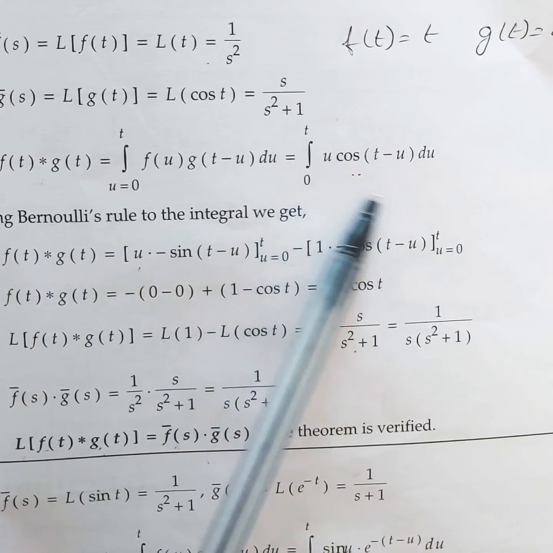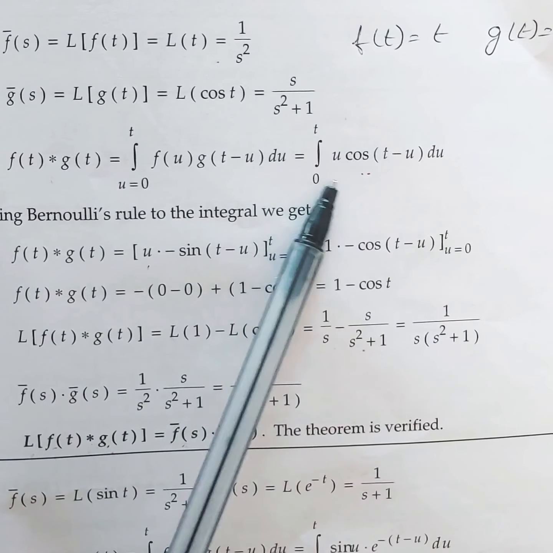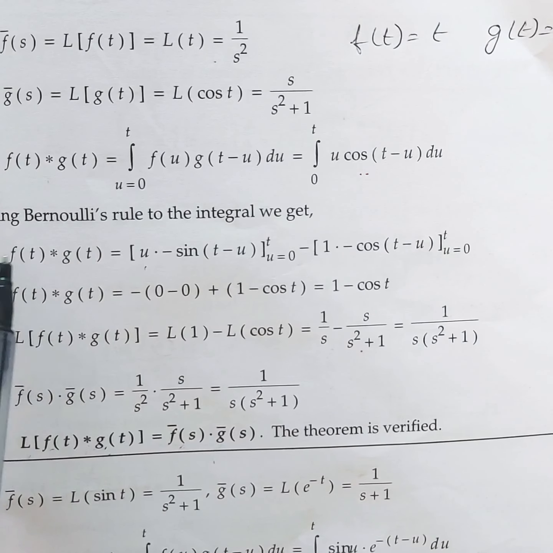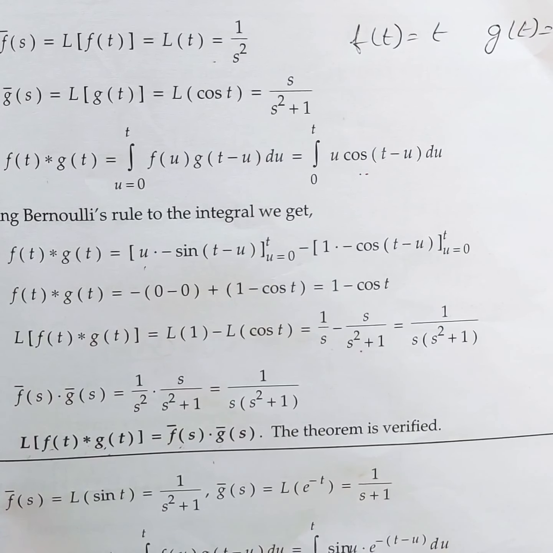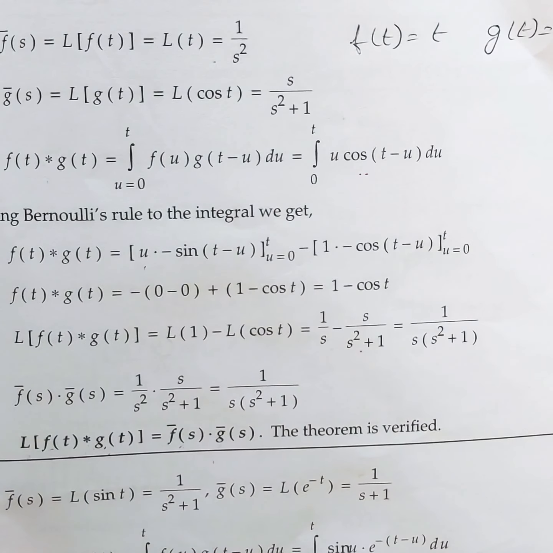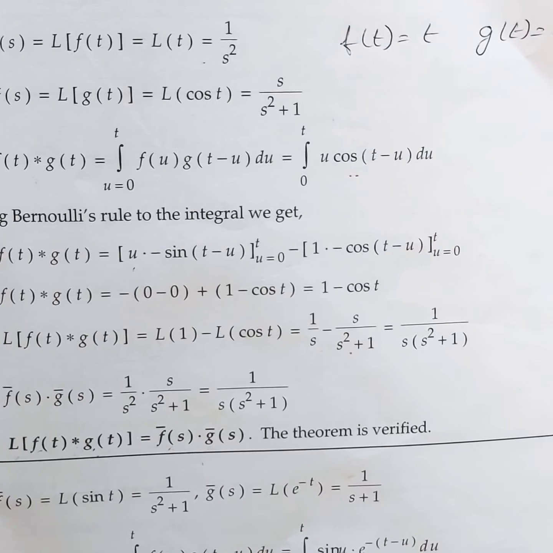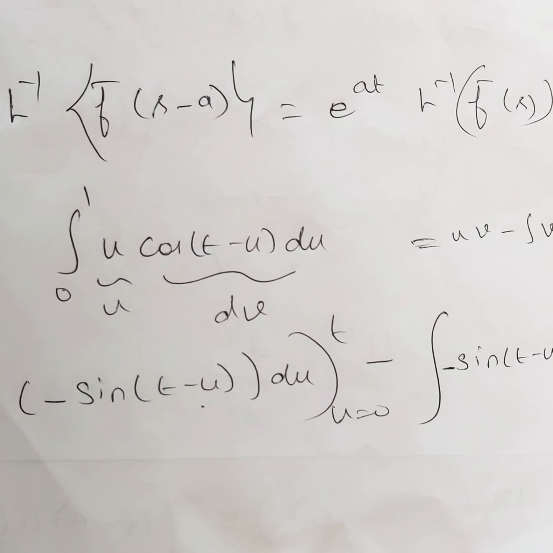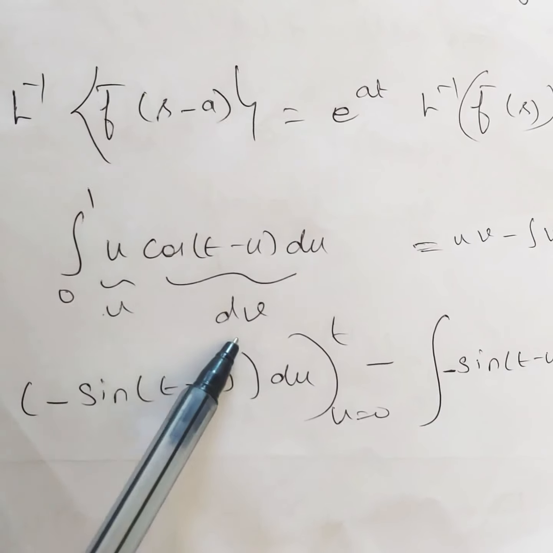Now you have to evaluate the integral. It is actually a simple integration by parts, that is integral u dv is equal to uv minus integral v du. So in the place of u I have u, and in the place of dv I have cos of t minus u. So this is u, this is dv.